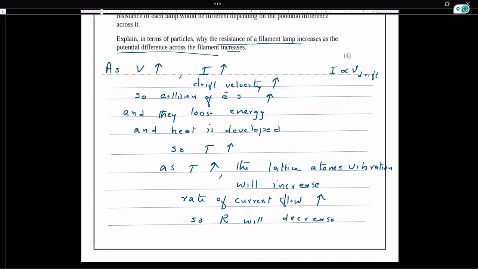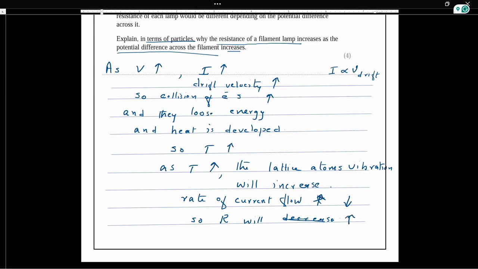To explain in terms of particles, you have to write why the resistance of the filament lamp will increase. This is increasing because the lattice atoms' vibration increases and the rate of current flow decreases, and the resistance of the filament increases.